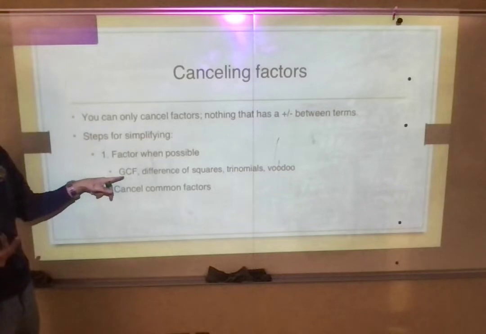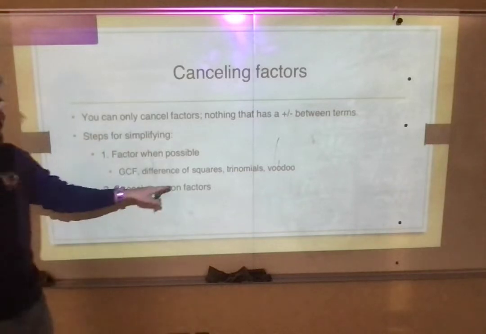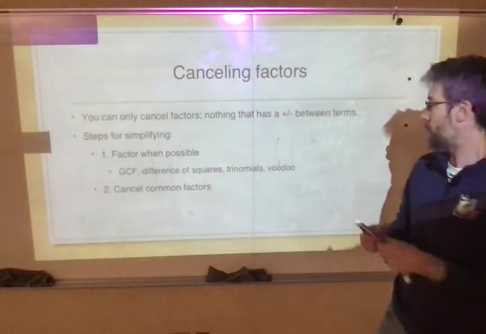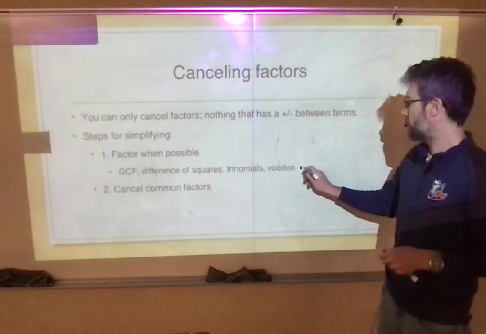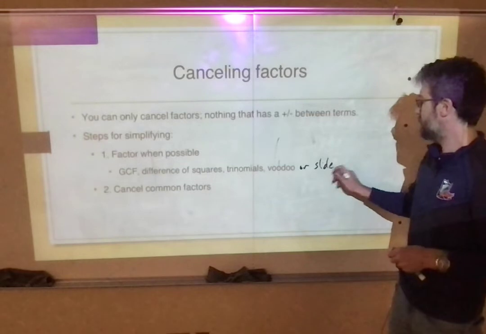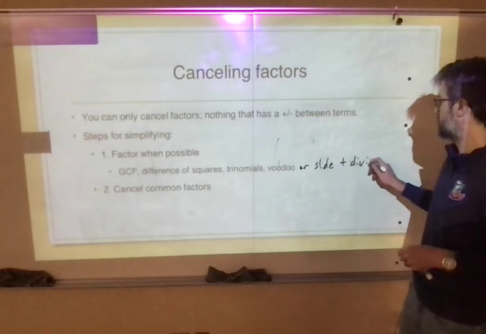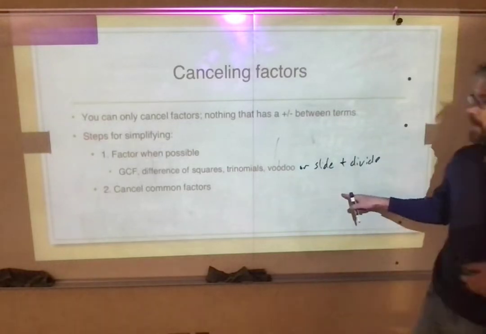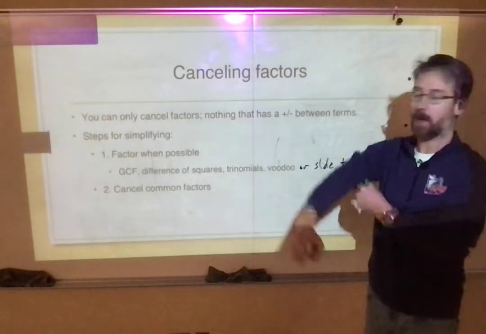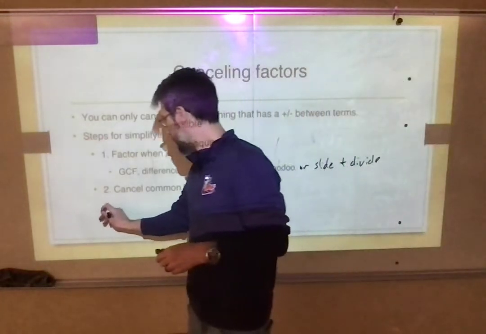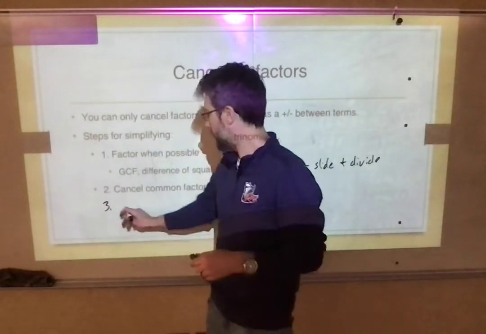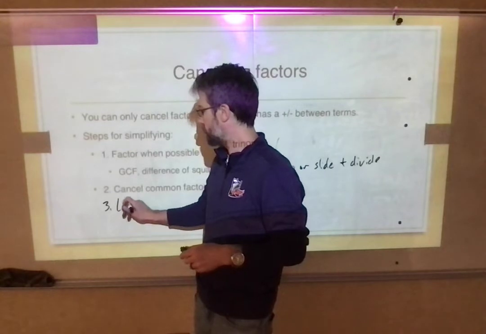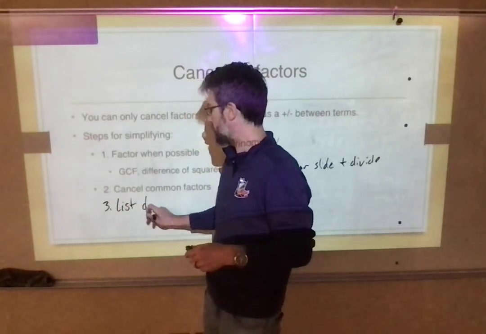Our methods of factoring: GCF, difference of squares, your basic trinomials, your sum and products, also your voodoo or slide and divide. Once we have them factored, then we're going to cancel out the common factors. And then the third step that I didn't make it into the PowerPoint for some reason is we're going to list our domain restrictions.